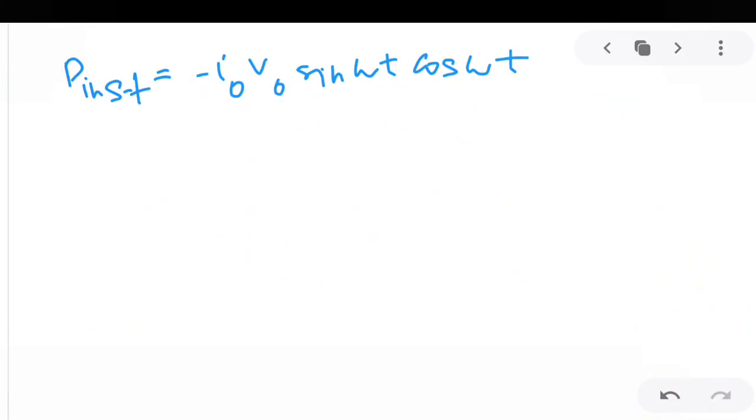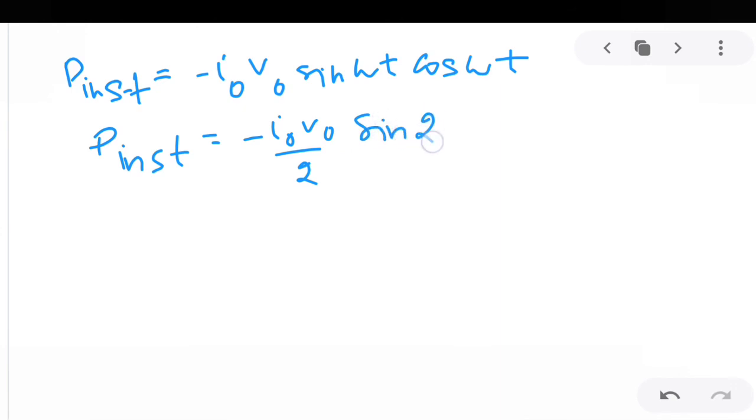So we can write P instantaneous as minus I naught V naught sine omega t cos omega t. This can be further rearranged as minus I naught V naught by 2 sine 2 omega t. So this is instantaneous power.